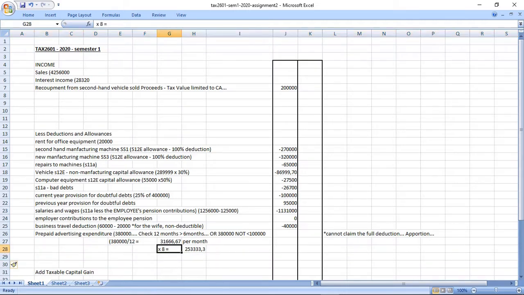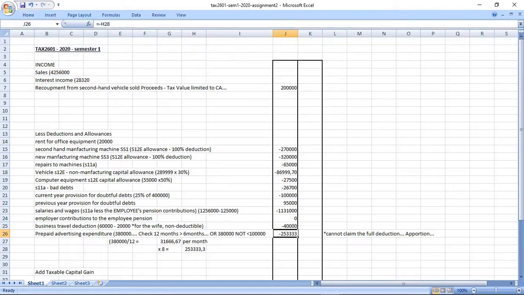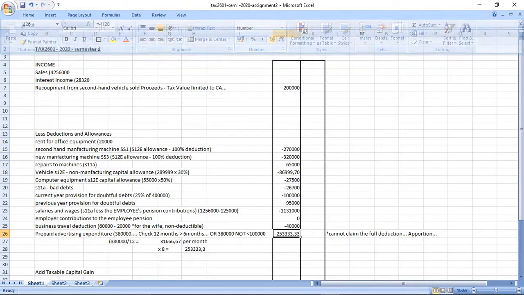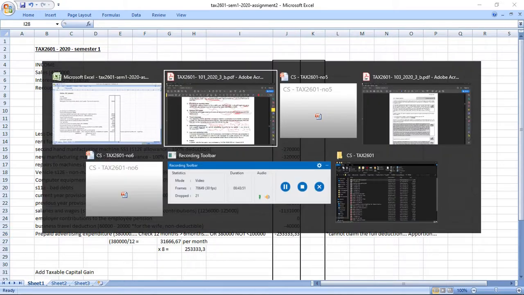Okay, so July, August, September, October, November, December, January, February. That's 8 months. That's correct. So then this portion, 253,033 cents, with the 33 cents, will be deductible.